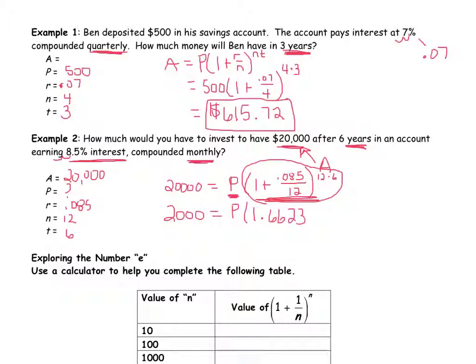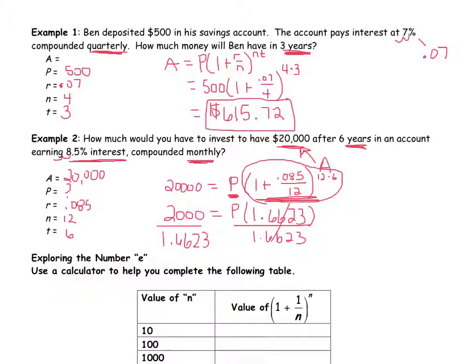And we're going to go ahead and leave that in our calculator, but remember we're going to divide by that, because if we're going to get P by itself, we're going to have to divide by that whole number. Try and keep it in your calculator so that you're not having to round it, which is going to affect your answer. And let's go ahead and figure out what that is on our calculator.